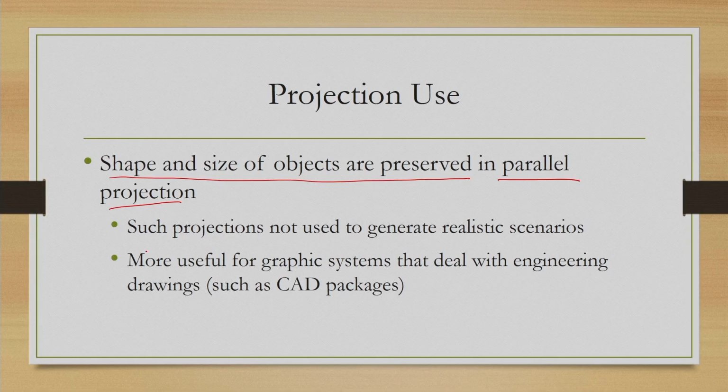So, it is not used for realistic 3D. Instead, it is used for graphic systems that typically deal with engineering drawings, such as the CAD, or computer aided design, packages that we discussed at the beginning of this course. There realism is not important, instead other things are more important. So, parallel projection may be useful there.